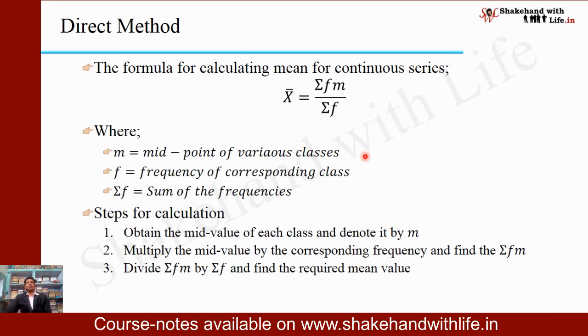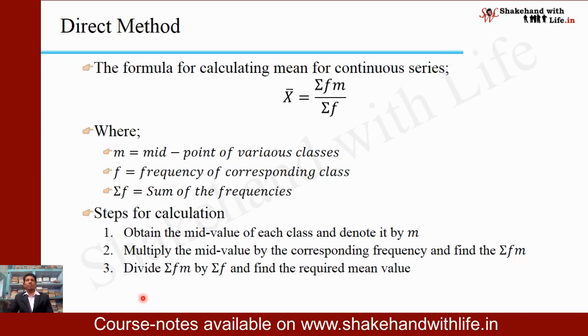The steps for calculation for the direct method: obtain the mid value of each class and denote it by m. Then multiply the mid value by the corresponding frequency and find sigma fm. You need to find sigma fm instead of sigma fx, because first we need to find the mid value of each class.